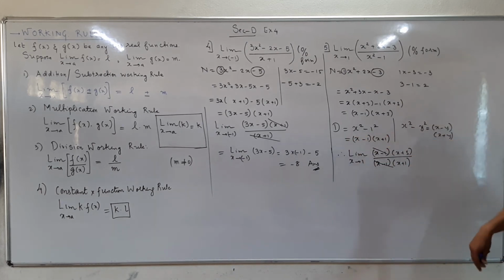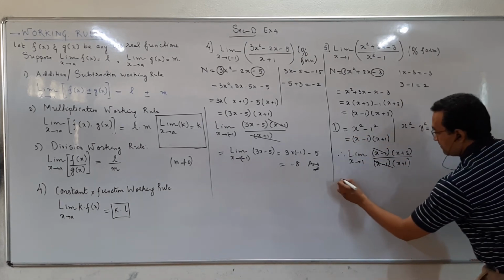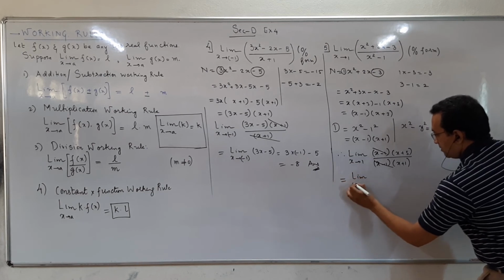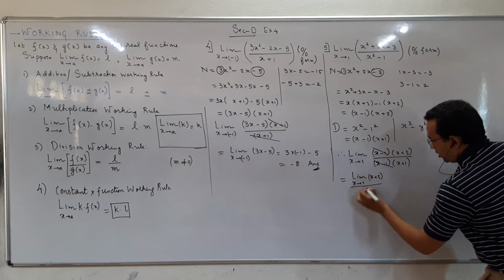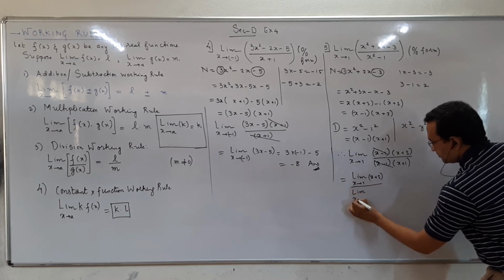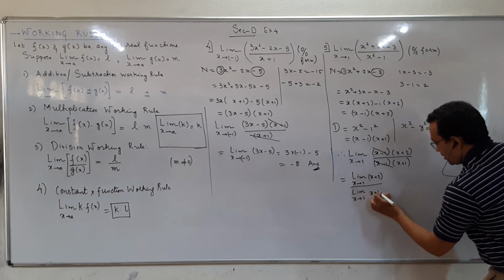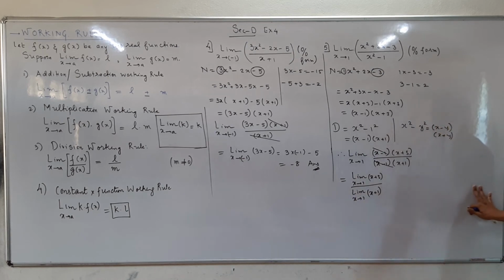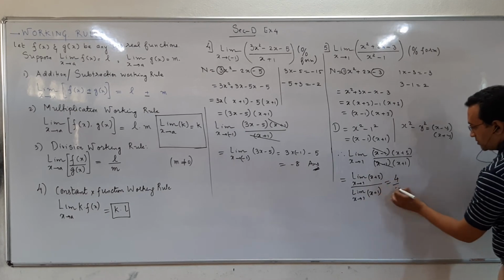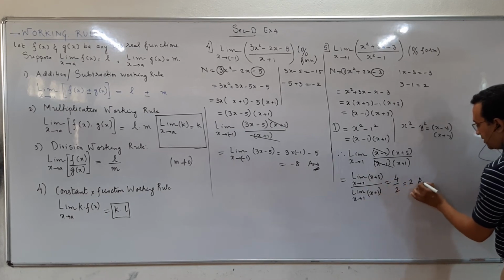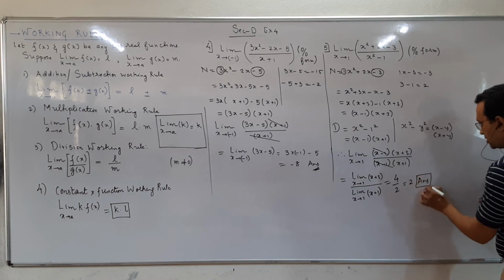Now apply division working rule. Limit of f upon g will be limit of f upon limit of g. This is called application of division working rule. Now take x as 1, 1 plus 3, 4, 1 plus 1, 2. So the final answer is 2.